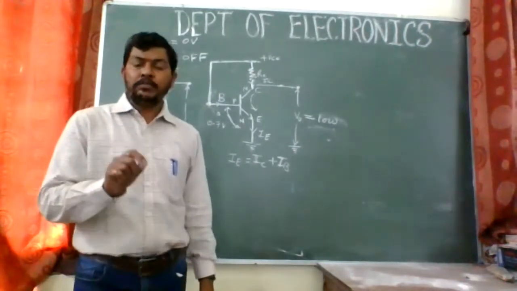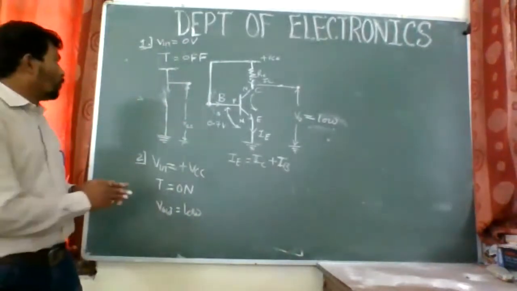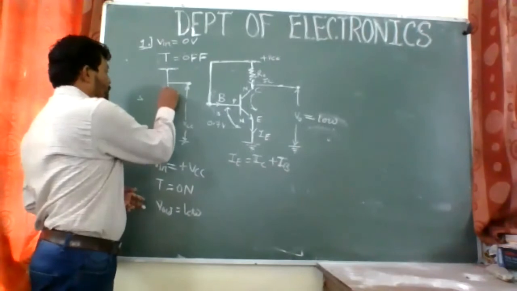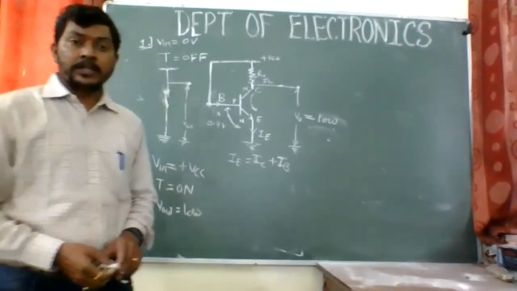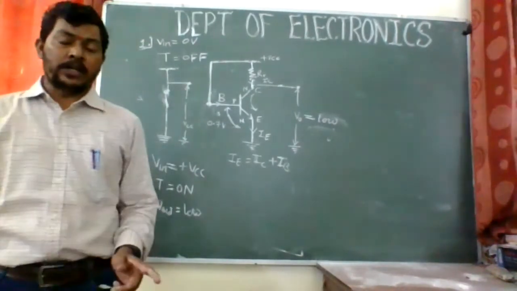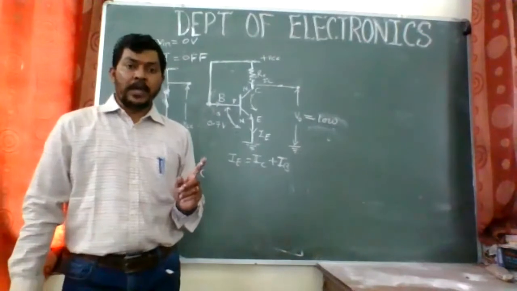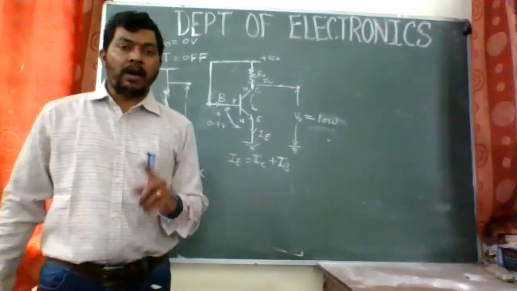So this concept which I told you today is to be used for the circuits which we are going to study in the presentations which we started yesterday. They were UPRS, unregulated power supplies.